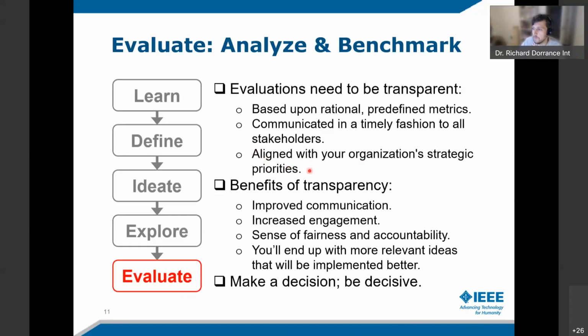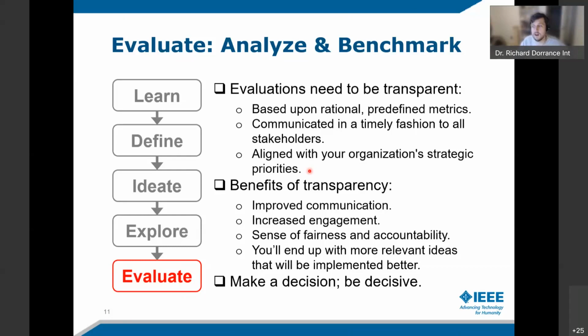So for my example, within Intel, these evaluations need to be judged upon metrics that Intel as a business cares about, which is basically, how is this going to help us sell more Xeon processors, as opposed to an academic environment, where it might be, how does this help the electrical engineering department, or how does this help my professor get tenure.